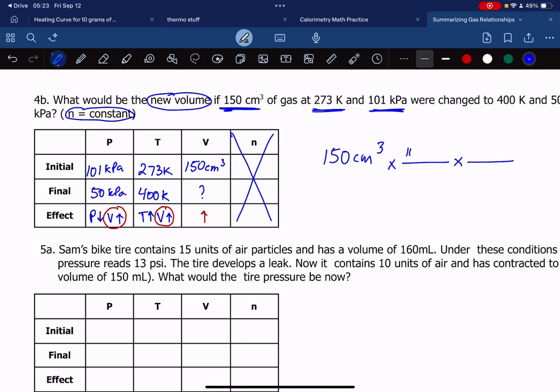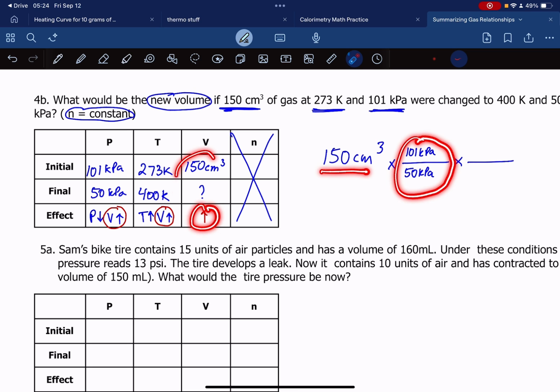I'm going to put the 101 kPa on top of the 50 kPa, because that is a ratio that is bigger than 1, right? If I punched just this into my calculator, I would get some number that's bigger than 1, and multiplying a number that's bigger than 1 by 150 will give me a number that's bigger than 150, and that's what I want. That's why I'm putting that 101 on top. That's just a review from yesterday.